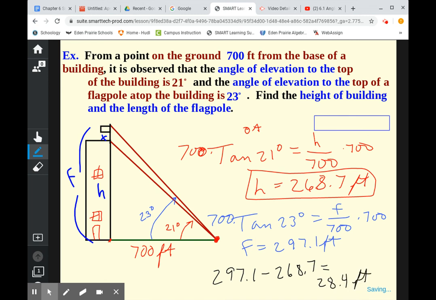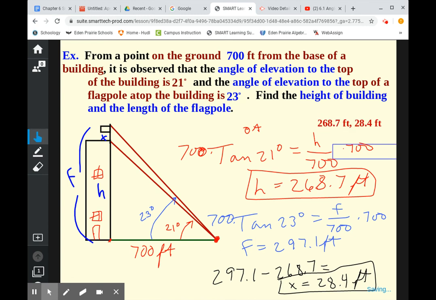That ends up being the height of the flagpole. There you go, the answer's there.